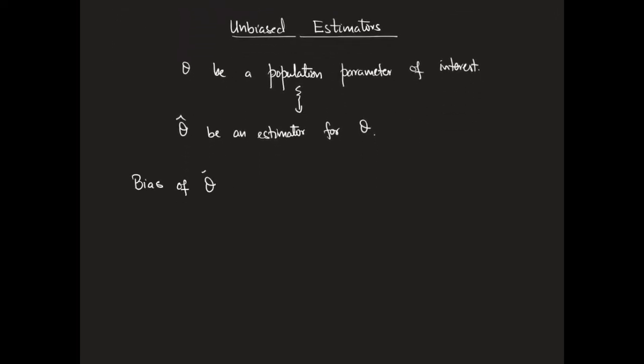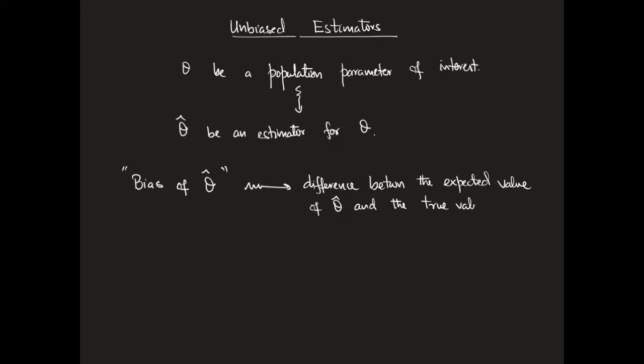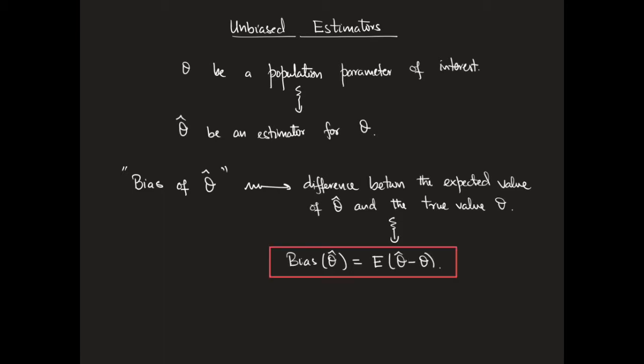We want to define the bias of theta hat as the difference between the expected value of our random variable theta hat and the true value of the population parameter, that is theta. In other words, the bias of theta hat is going to be the expected value of theta hat minus theta.